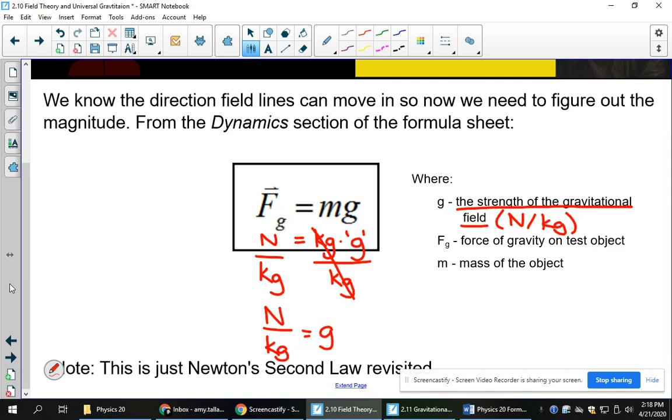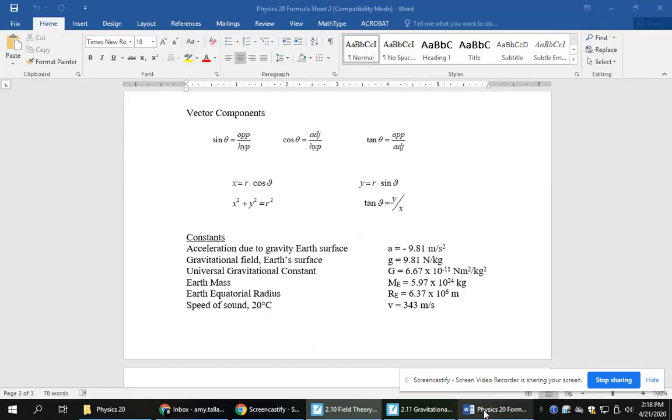Now, Fg is still the force of gravity on some object, and m is still the mass of the object. We're just talking about different units and a different way of thinking about g. So g means for every newton of force, we're looking at how much that applies per 1 kilogram of something. That's what this new g is saying.